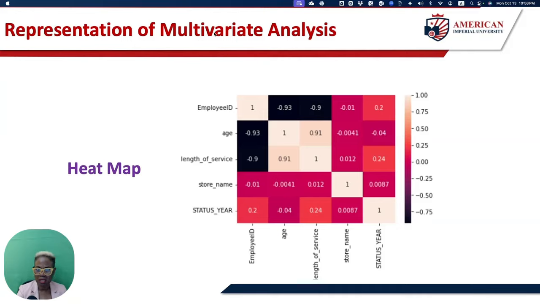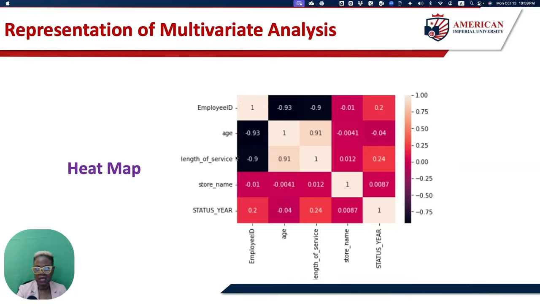A bright color means that it's a strong positive link. So 1 is represented by this lightest color here. Of course, everyone is strongly correlated with itself, so you look outside of the diagonal.